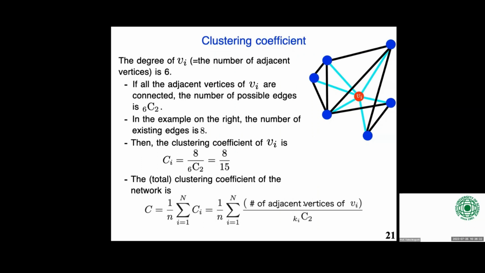On the other hand, only 8 of these triangles actually exist in this example. Therefore, we define 8 divided by 15 as the clustering coefficient of vertex Vi. And finally, the clustering coefficient of the network is the average of the C_i.